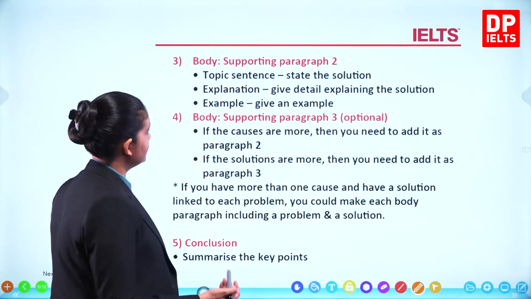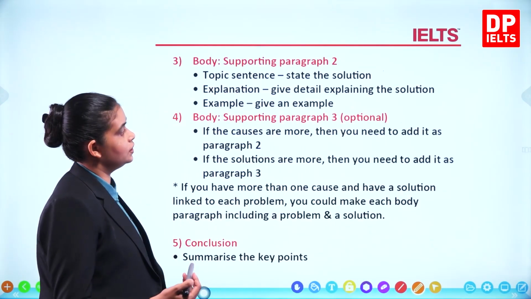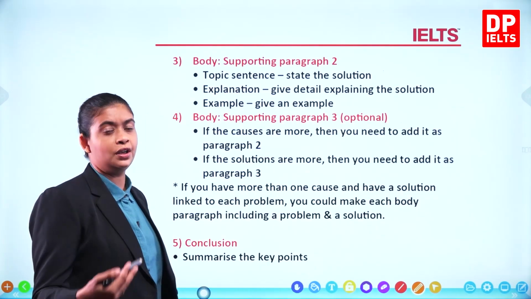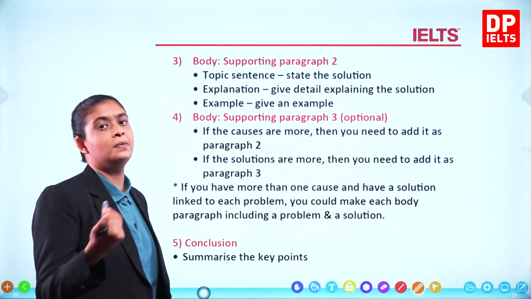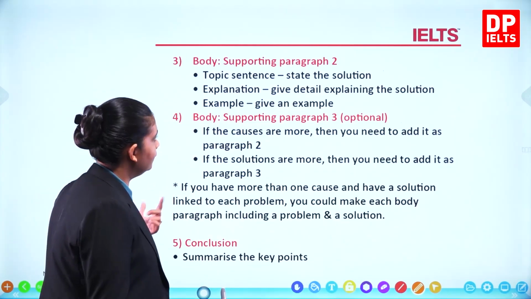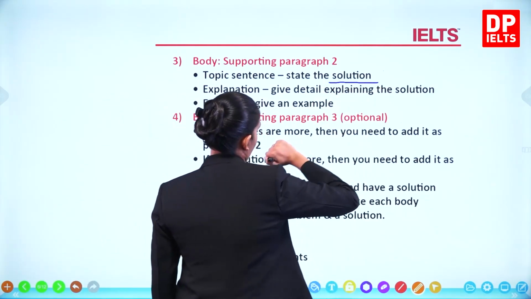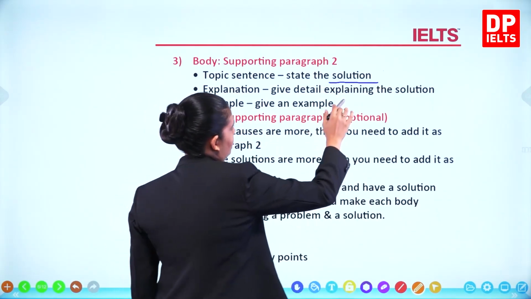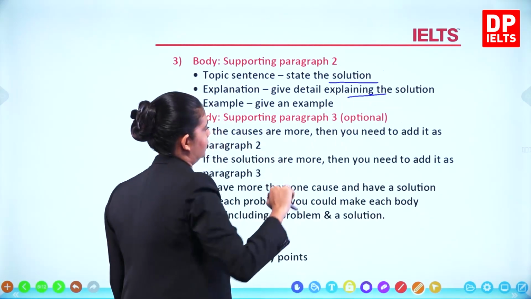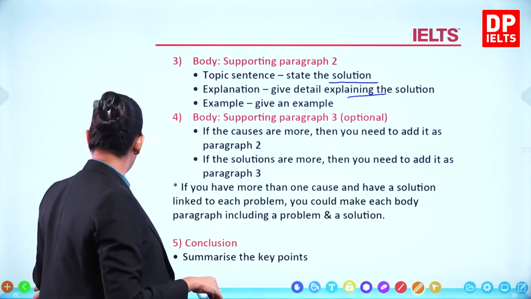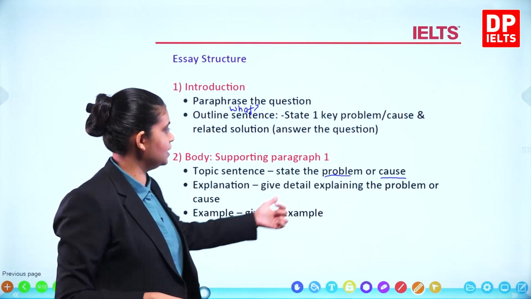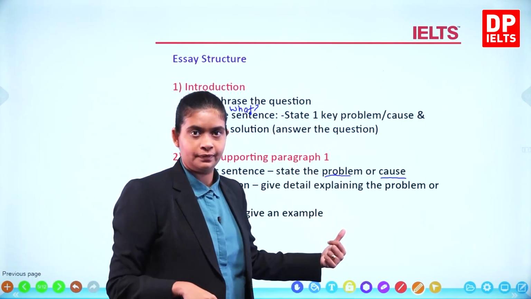So you repeat the same thing, right, if they want another cause, but if not, if it's like a cause and solution or problem solution style, then paragraph 2, you state a solution. And then you explain the solution and you give an example. Now this solution is the solution for this specific cause or problem, okay.